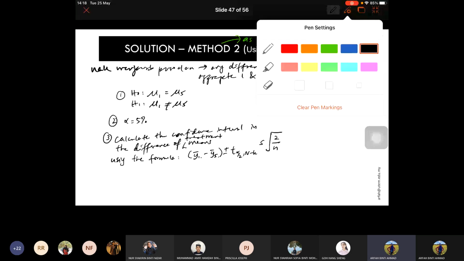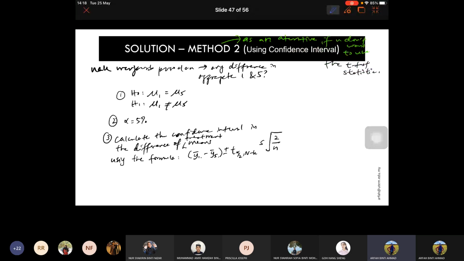Awak tengok kira, y bar 1 ni dapat t alpha per 2 is t 0.025 dan n awak adalah 30. Okay. 30 tolak 5, so dapat t 0.025, 25.